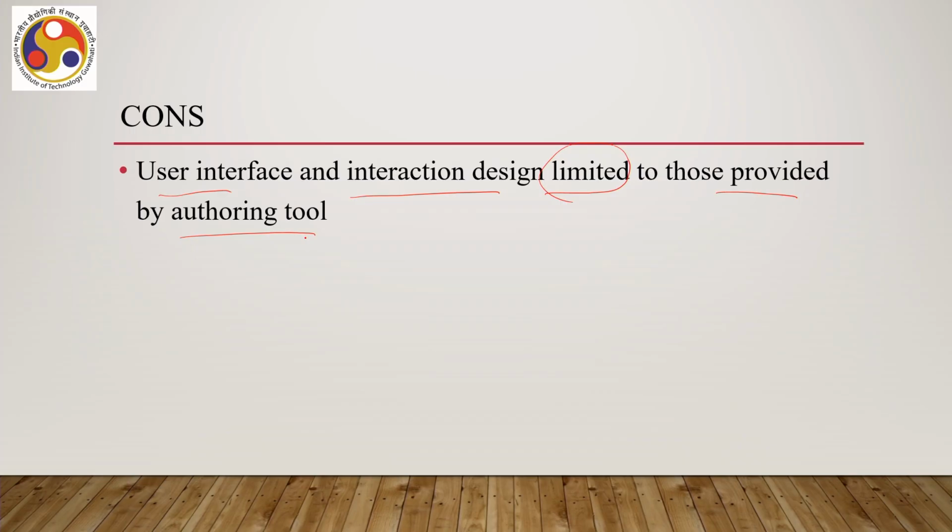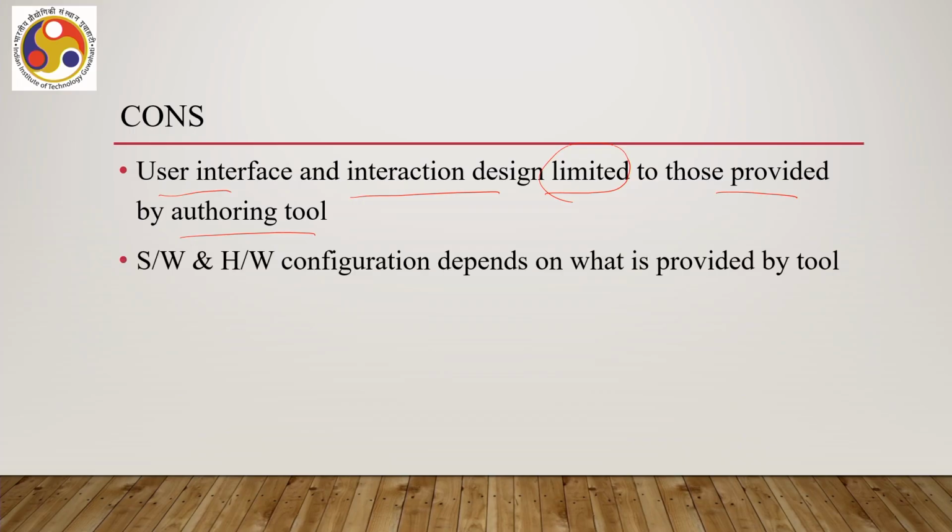So, the underlying authoring tool provides such support, whereas plugins provide AR support. Now, the support provided by the underlying authoring tool restricts the developer's flexibility in deciding on different interaction methods or interface look and feel. Software and hardware configuration also depends on what is provided by the tool. So, again flexibility is lost.